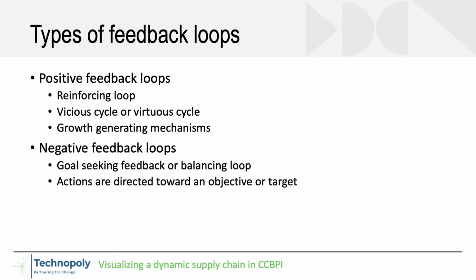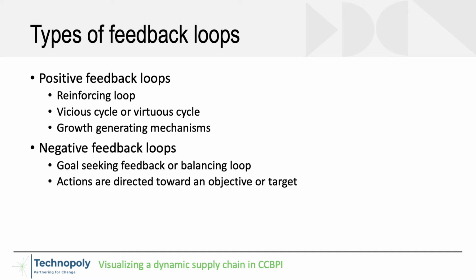There are two types of feedback loops. The first is what we call a positive feedback loop, and the second one is what we call a negative feedback loop. A positive feedback loop can also be referred to as a reinforcing loop. It is typically referred to as a vicious cycle, which can lead to what we call a spiral down of a never-ending result, or a virtuous cycle, which is a positive way of saying things are getting better and better.